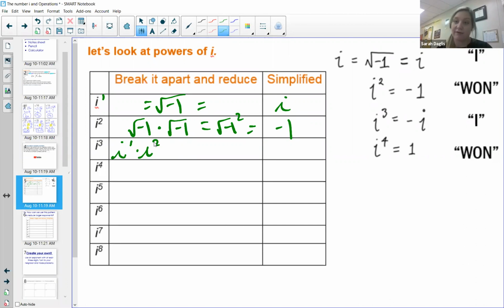So i to the power of 3, I can rewrite as i to the power of 1 times i to the power of 2, to get my 3. My previous spots on my table show me that i to the power of 1 is just i, and i squared simplifies to be -1. So this simplifies to be i times -1, which is -i, or -1i, or just -i.